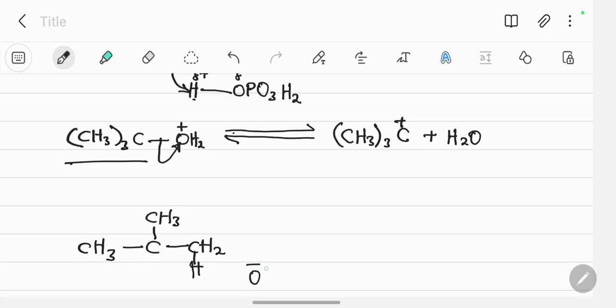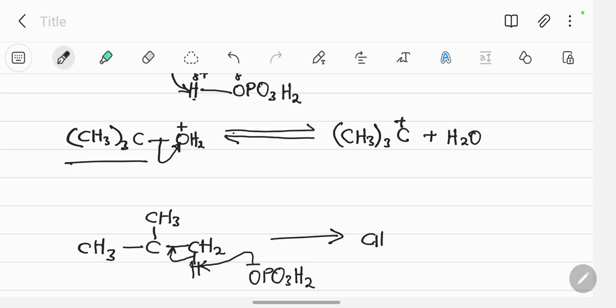So our hydrogen phosphate is going to do the work, and it's going to attack the hydrogen. As it attacks the hydrogen, electrons are going to be given up to make a double bond there.